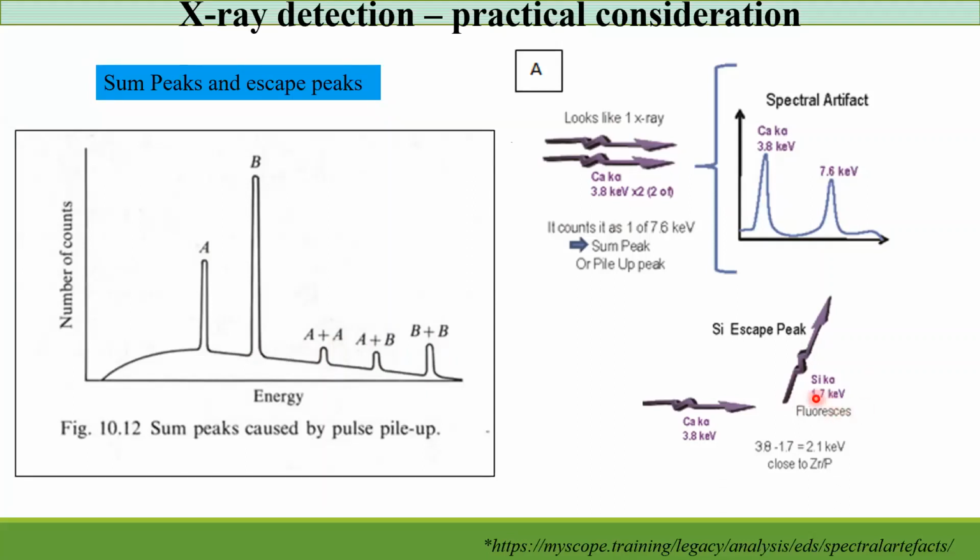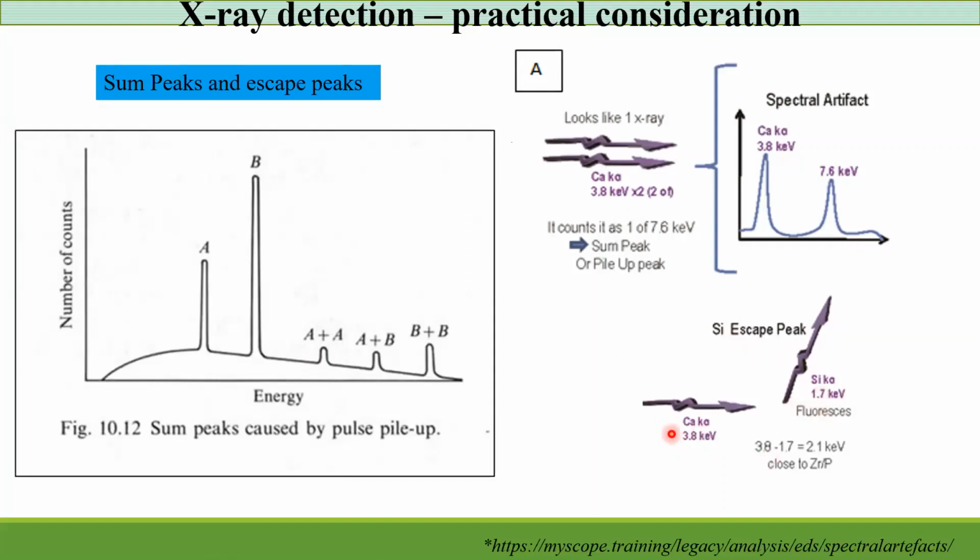Such fluorescence may be thought to be a silicon peak, but try to know that this is possibly from a silicon escape peak. So this energy of 3.8 can sometimes be used to make such fluorescence.